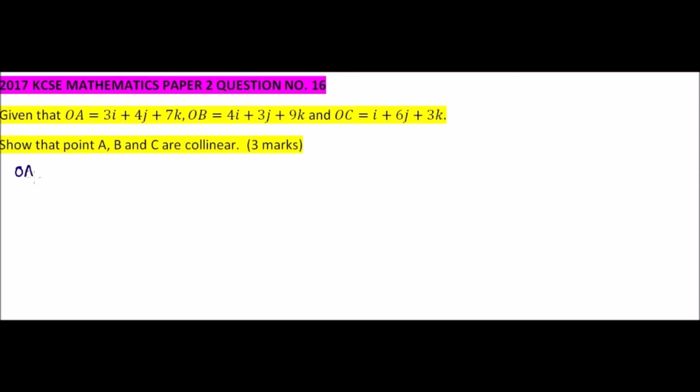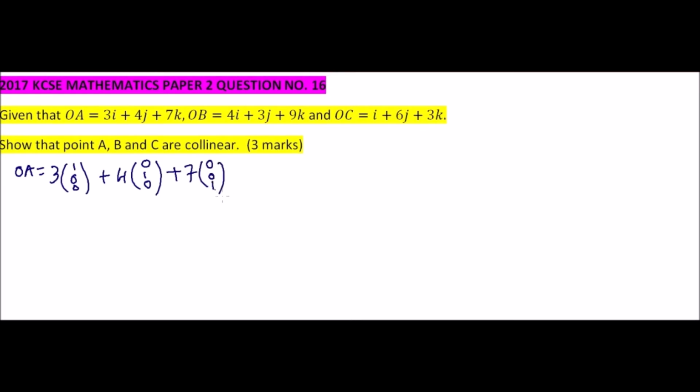OA is equal to, since we are told it is 3i, our i is 1, 0, 0, plus 4, our j is 0, 1, 0, and plus 7k, so our k is 0, 0, 1.